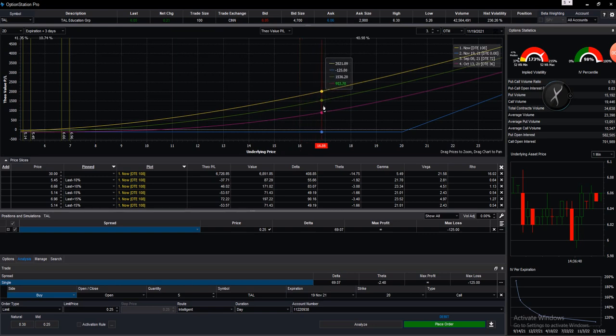So this is kind of anticipating these lines on where the stock will be with some given time. The yellow line is representing right now. The blue line is representing November 19th contract, all right? And so on with September 8th, October 13th for the other two lines.